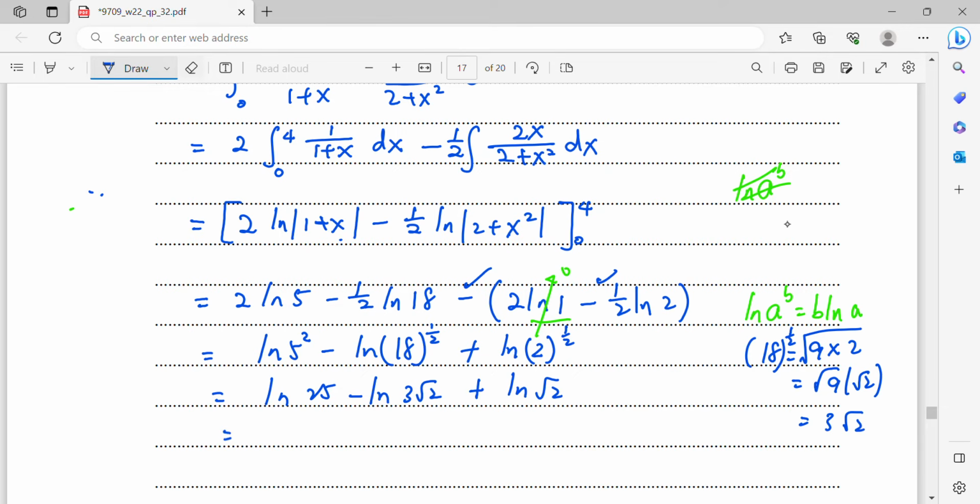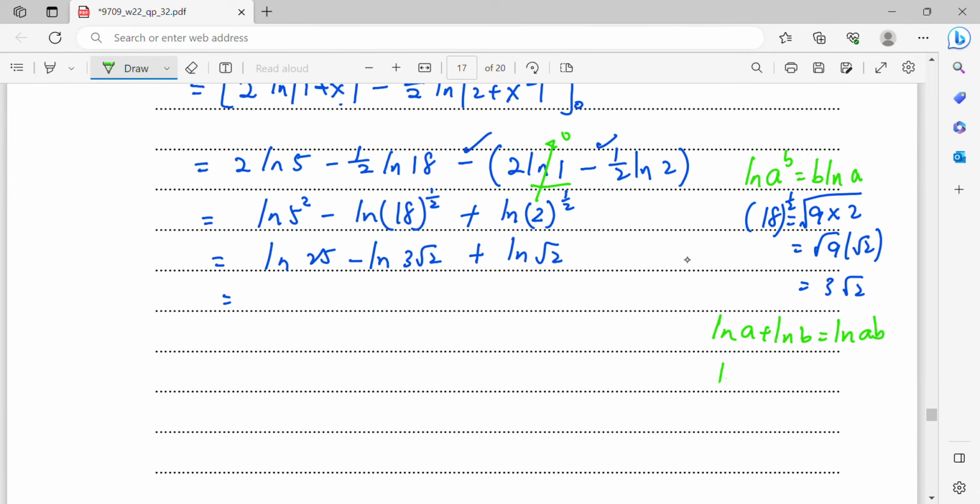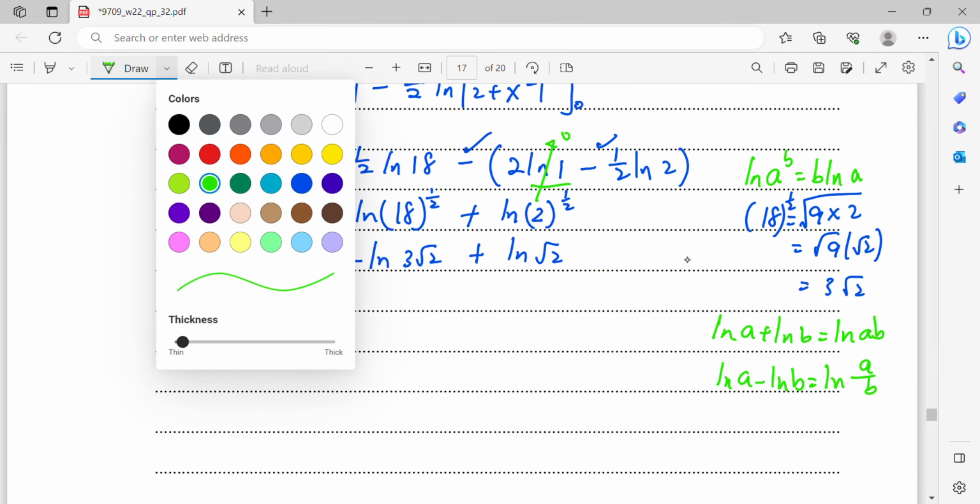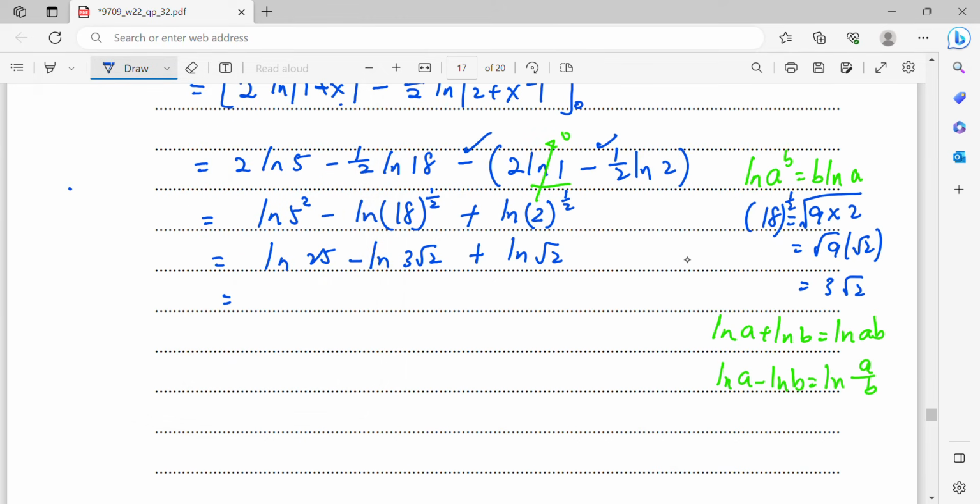Now, the next formula that I'm going to use is ln a plus ln b is ln ab. And at the same time, ln a minus ln b is ln a over b. It is a division. So now, I combine first and last term. Okay, so it becomes times. So 25 times square root 2. But second term is minus.